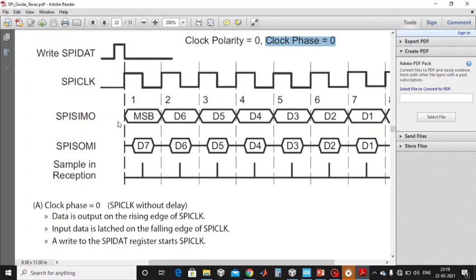That means if the master is outputting its data on the rising edge, the master will sense the data which is coming in on the master input pin, or latch this data, on the falling edge. These two operations are always 180 degrees apart from each other. You have to remember this point.